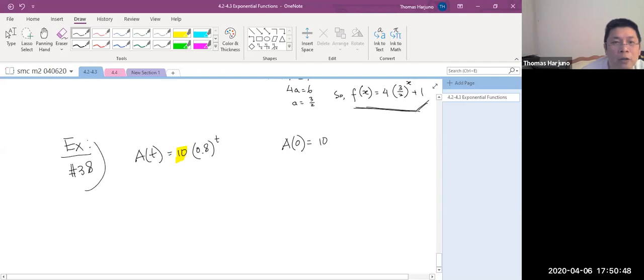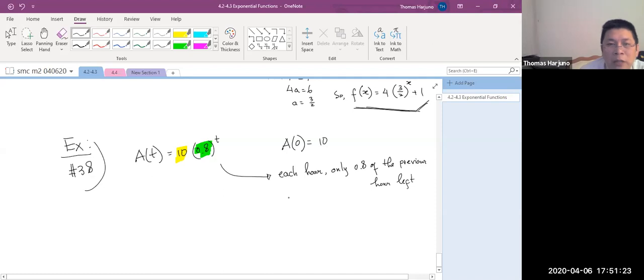Now, second, notice that the base is 0.8, which means each hour only 0.8 of the previous hour's amount is left.